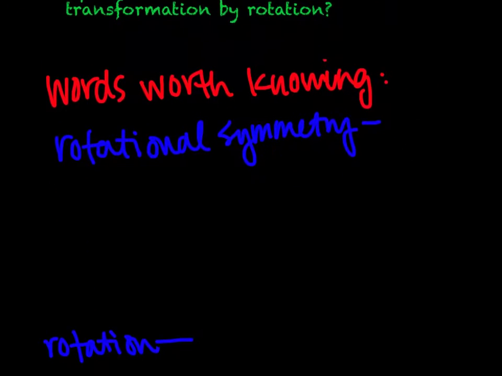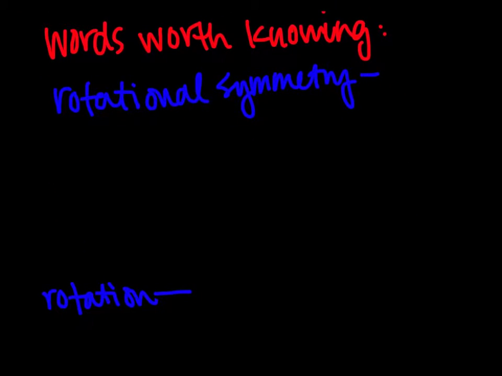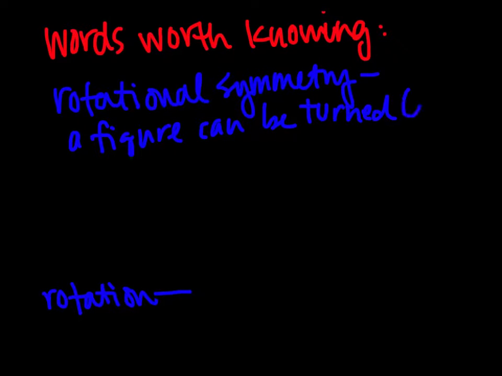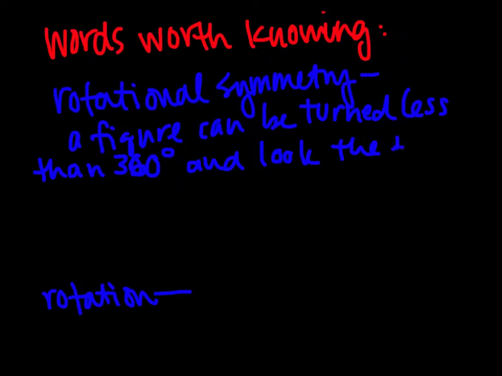So, a couple words worth knowing. Very first one is rotational symmetry, which means that a figure can be turned about a point less than 360 degrees and look the same as the original.